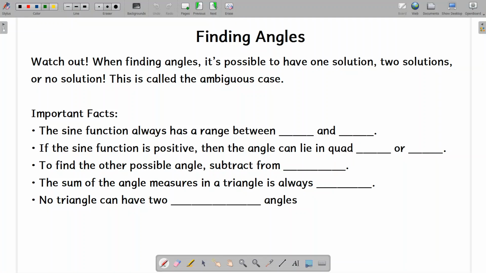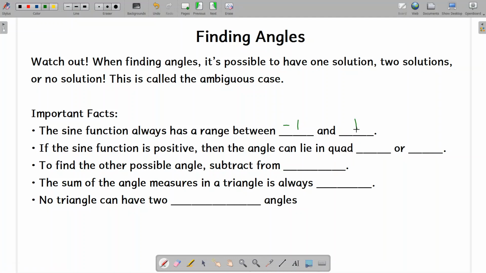So here are some important facts that will help us decide what we have for our particular problem. The first thing you need to know is that the sine function always has a range between -1 and +1. That's going to be important later on because we're going to get some errors in our calculator because we're trying to take sine of something that is outside of this range.